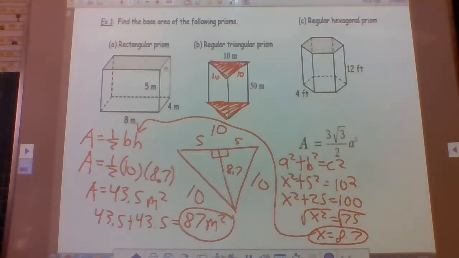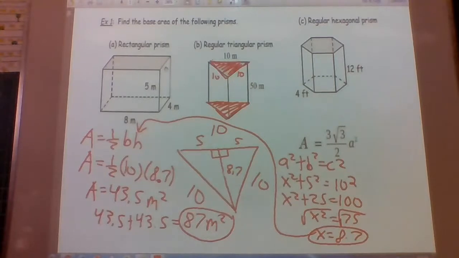I think we're going to need these numbers, so I probably should write them down. So what do we get, 64 for A. For B, we're getting 87, 43.5.